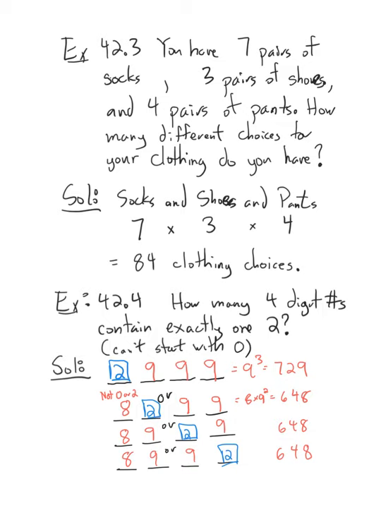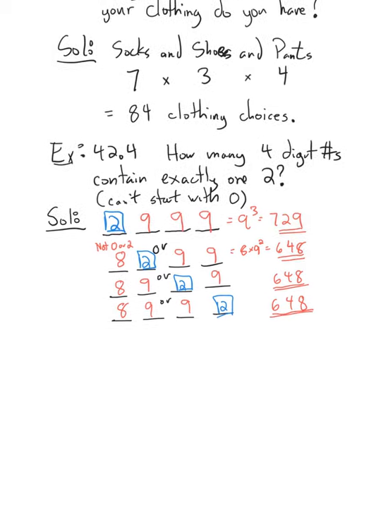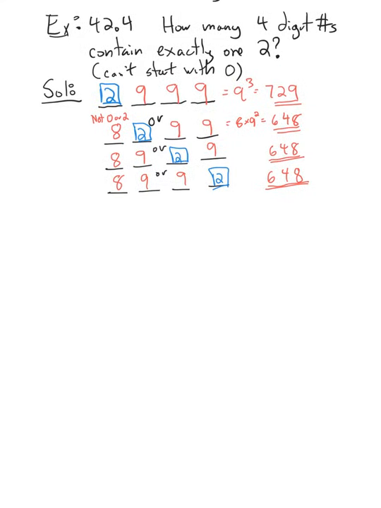So, it can look like the first model in 729 ways, or it could look like the second model in 648 ways, or the third model in 648 ways, or the fourth model in 648 ways. So the number in total, and I do want to note that all of these are disjoint.